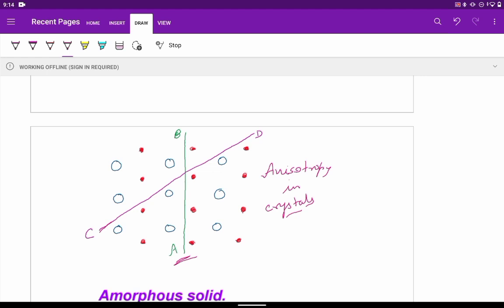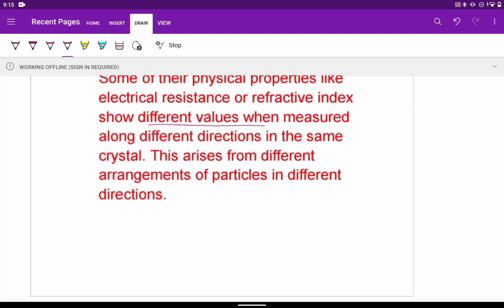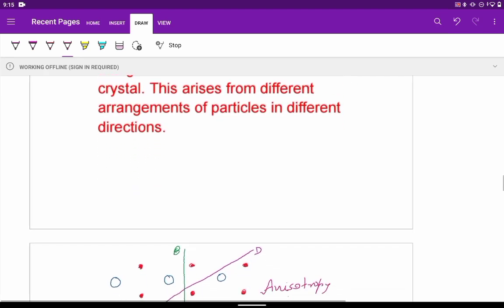It is ordered, there is orderliness, the same pattern you will get throughout the crystal, everything is correct. But if you see along different directions, the arrangement of particles is not the same. That is why some of the properties, when measured along different axes, give different values, as I have just told. Different values you will get when you measure along different directions in the same crystal.